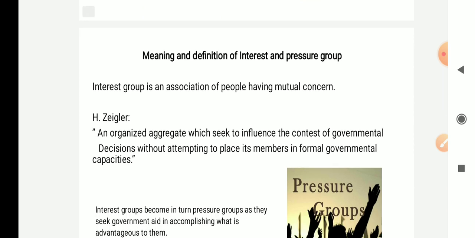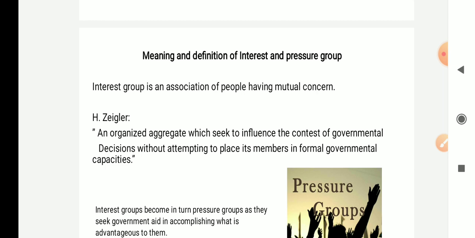First of all, meaning and definition of the interest group. Before that, I must tell you, we are living in this age of technology, age of revolution in technology basically.